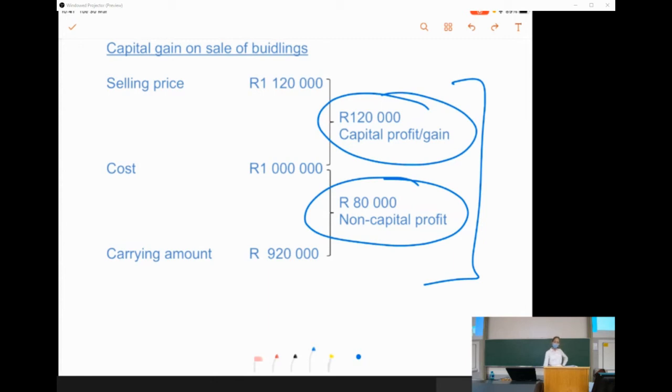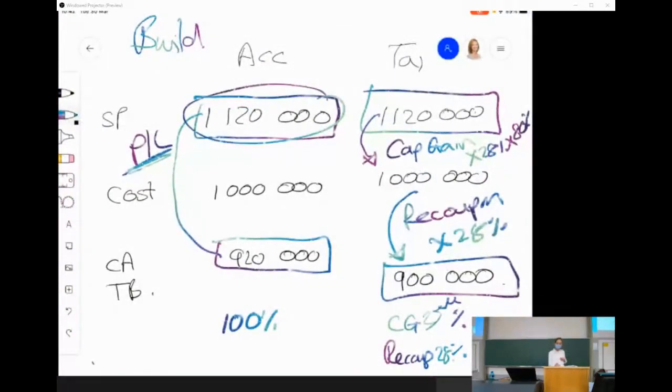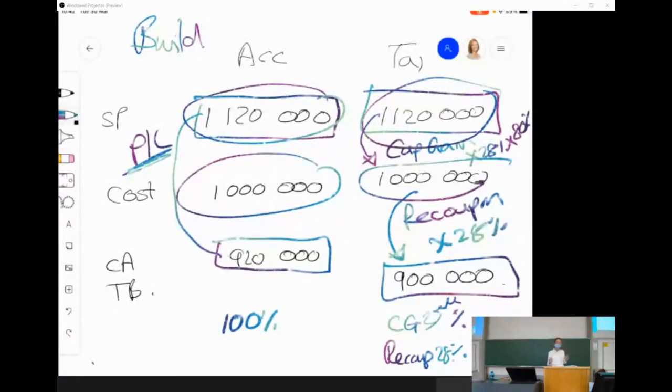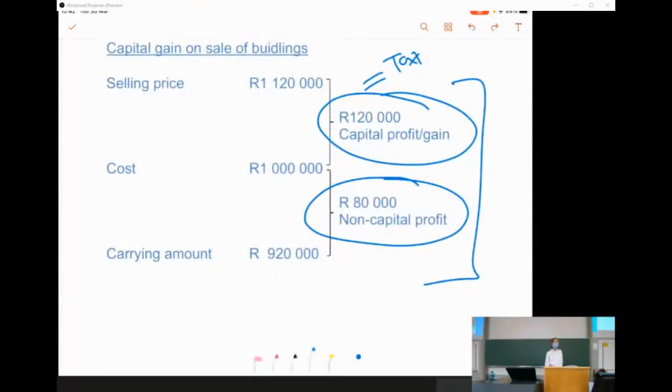This 120,000 is the same for tax purposes. The capital gain portion is the same for tax and for accounting. However, here we include 100%, here we include only 80%. So we fixed that. We've taken out the 20% that we don't want.